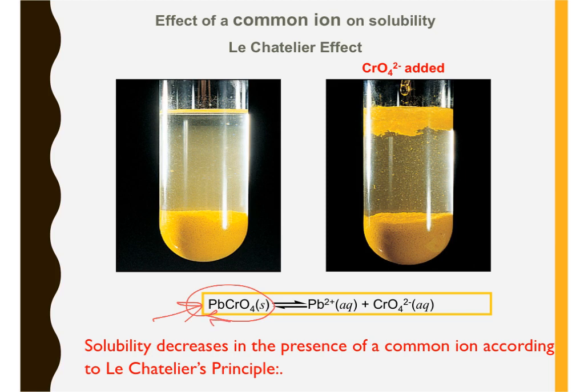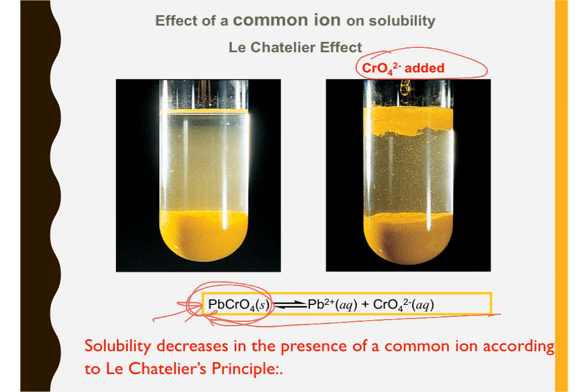And so here's the equilibrium equation for the dissolution of lead chromate, lead 2 chromate. And we could easily calculate what the solubility is in pure water. But then there's a modification of that problem where it might say, how much lead chromate will dissolve in a solution that has a certain amount of chromate ion already in it?